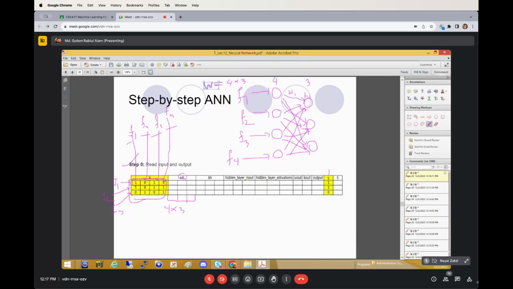and as I already mentioned, that means we have to consider the bias also. Okay, we have to consider the bias also. There is the bias of hidden layers. So that means we have to add the bias here and bias there and bias also there.